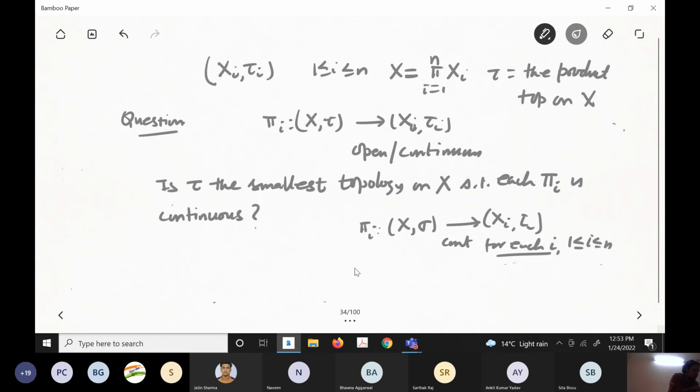Then you'll have to show that tau is contained in it. That will be the answer, because already you know the product topology is continuous. I'm saying more: smallest. This is the question.